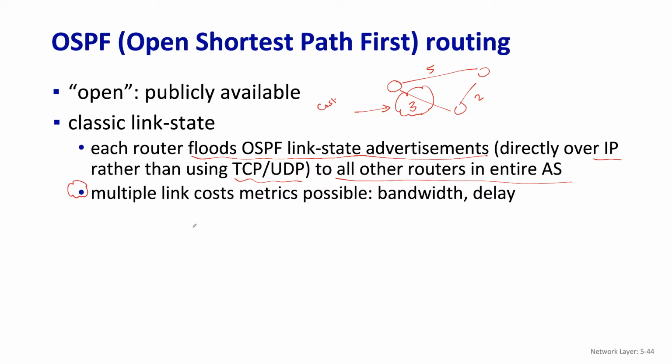So OSPF has multiple metrics. One of them is the bandwidth, or the available bandwidth of the link, and another is the delay we have for the link. So you can work on this or that, or you can even come up with your own implementation. It's already open source, so you can just work on it.